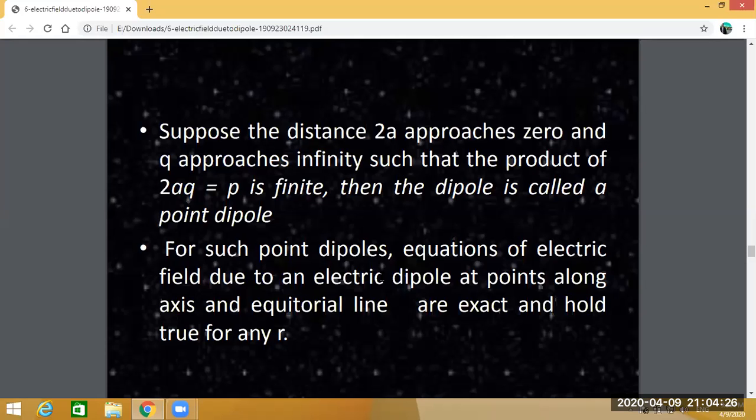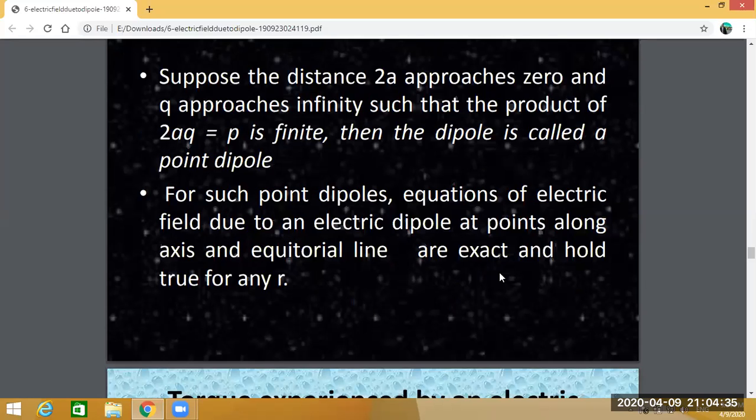In all the cases, electric field at equatorial line and axial line will be the same. In this case, electric field will be independent of direction.